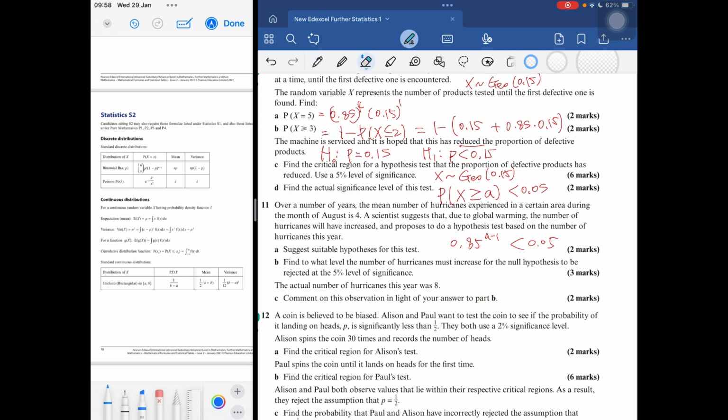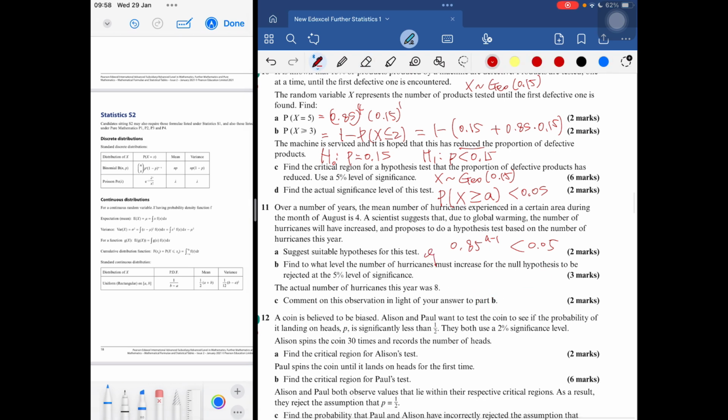So if we take log base 0.85 on both sides, we need to change the direction of the inequality, because when the base is smaller than 1, like 0.85, the log function is a decreasing function. So it means the inequality is reversed. So on the left side is A minus 1, and on the right side is log 0.05.